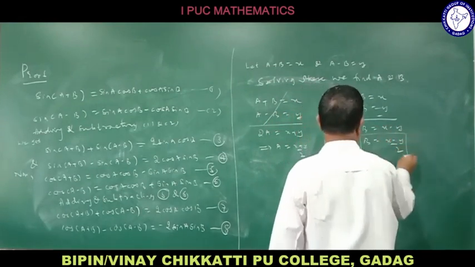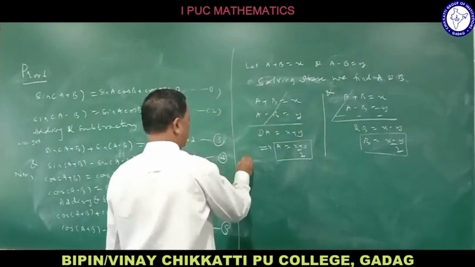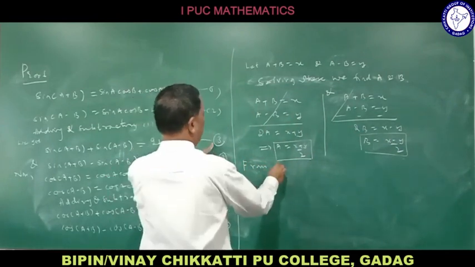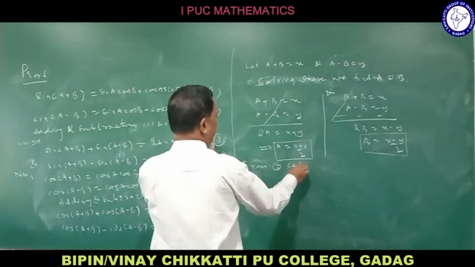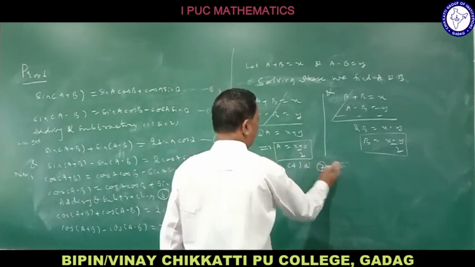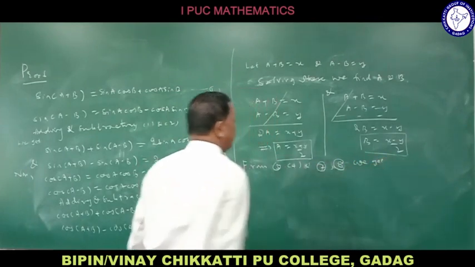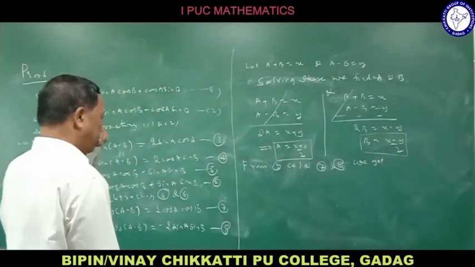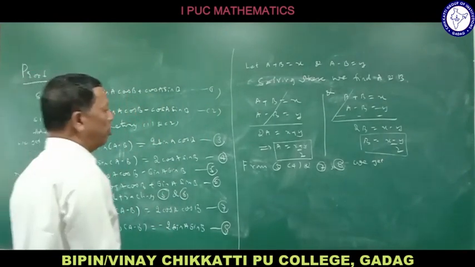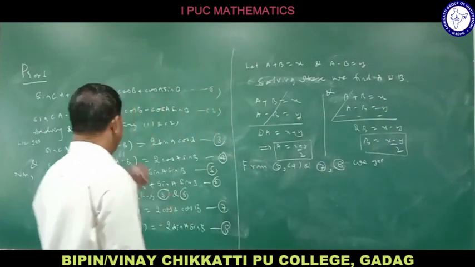So these two values you have got. Now put them into equations 3, 4 and 7, 8. These values we have to put into equations 3, 4 and 7, 8.